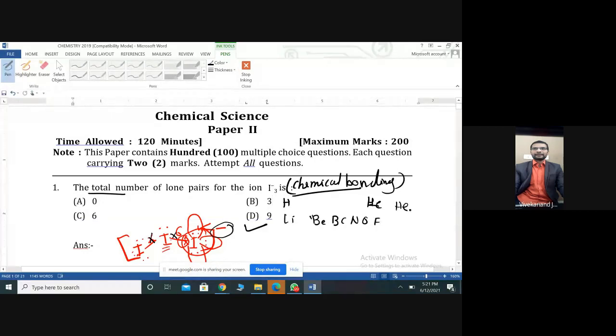I'll mark over here: hydrogen, helium, fluorine, neon. Here I have the beryllium family, the boron family, the carbon family, nitrogen family, oxygen family, fluorine family. Now write this carefully into your notes.